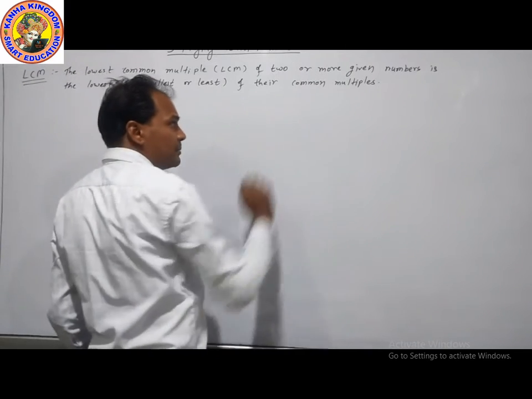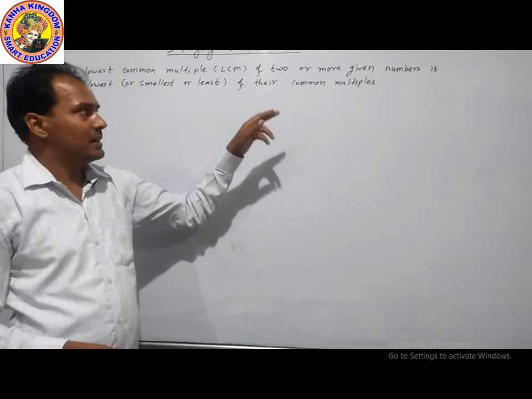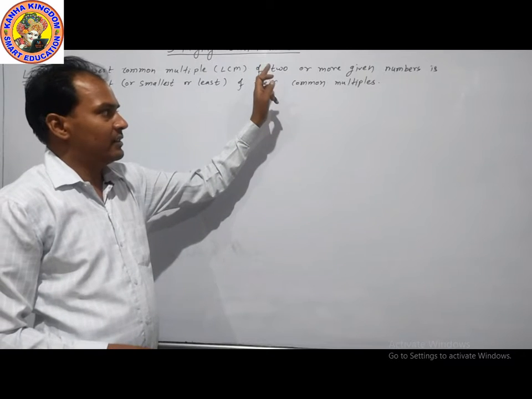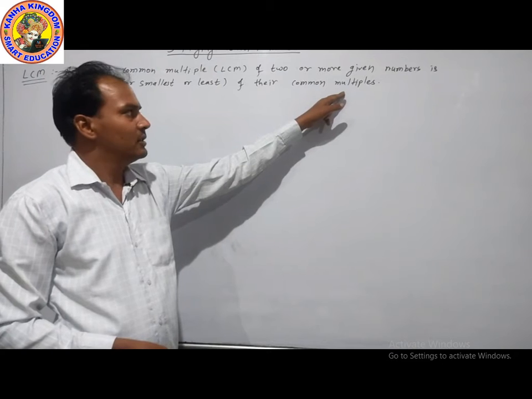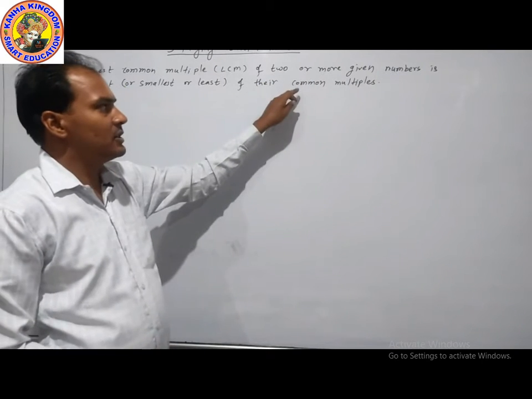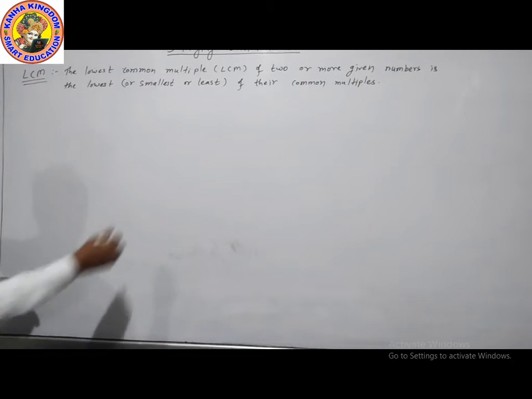First of all, what is a multiple? A multiple is a table. If two numbers are given, we write down their tables of multiples and select the smallest common multiple.